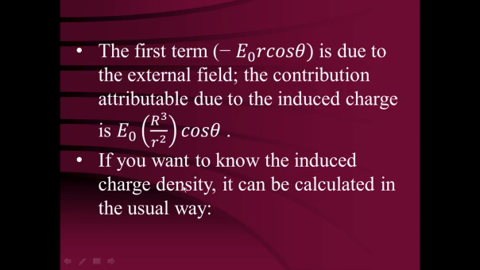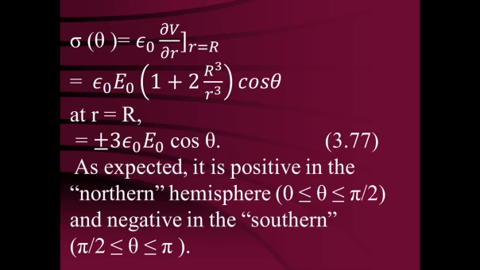If you want to know the induced charge density sigma, it can be calculated in the usual way. You must know the relation between the potential and the electric field or surface charge density. Sigma, which is a function of theta, is equal to minus epsilon 0 del V upon del R, evaluated at R equal to capital R. I forgot to put the minus sign here, but it should be negative.